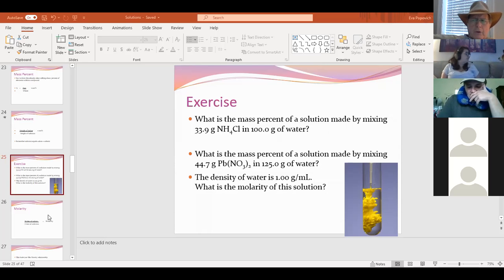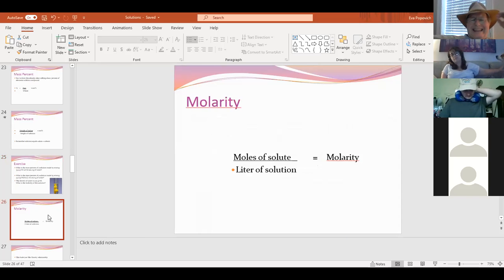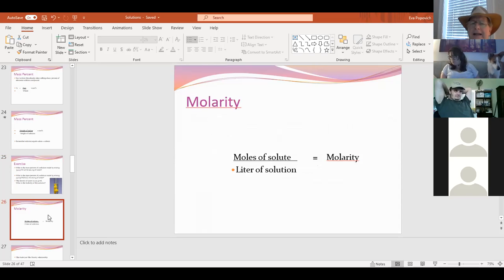There's another term that we really need to get down, and that is molarity. Molarity is moles of solute divided by liters of solution. That's the definition of molarity.